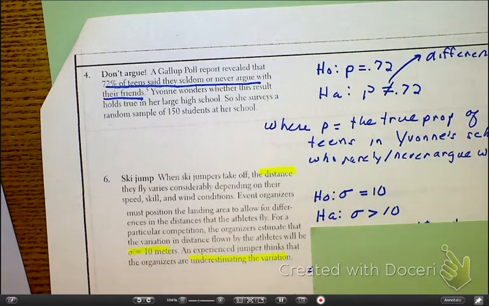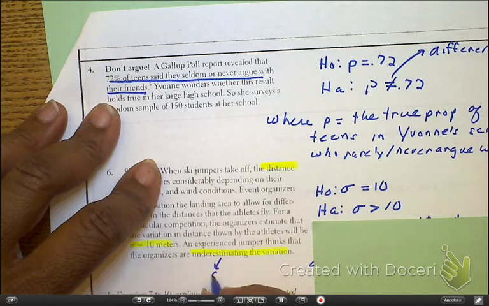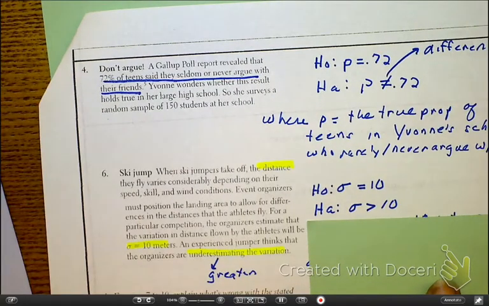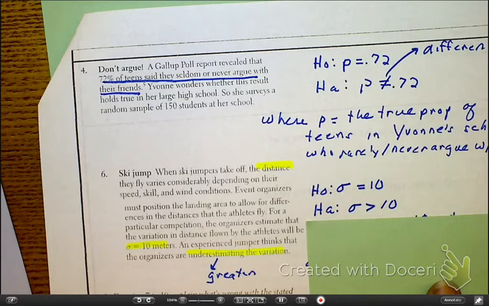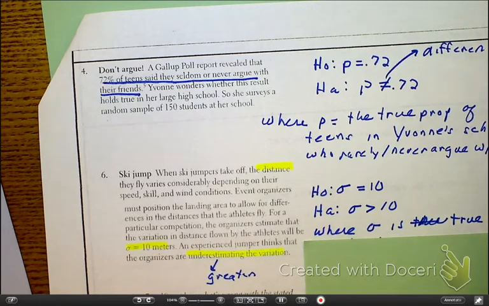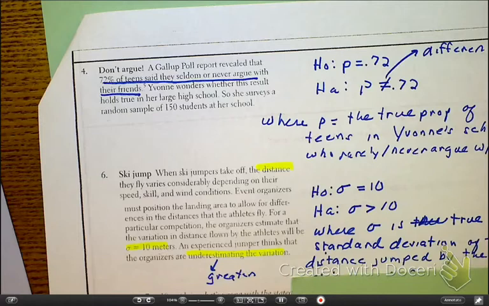So underestimating, greater. Now, we've done the H0 and the HA, so now let's look at this part. Where sigma, what does sigma represent here? It represents the true standard deviation of the distance jumped by the ski jumpers.